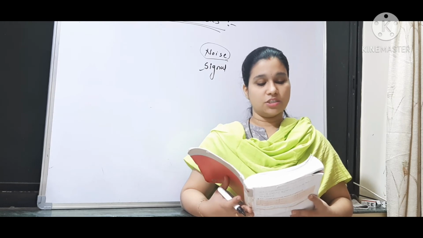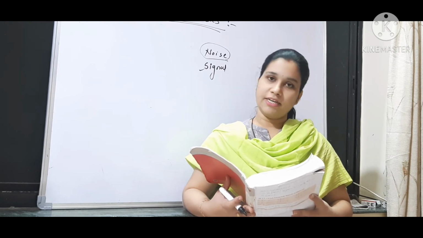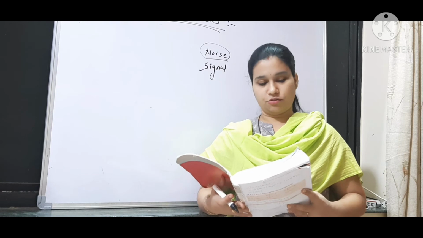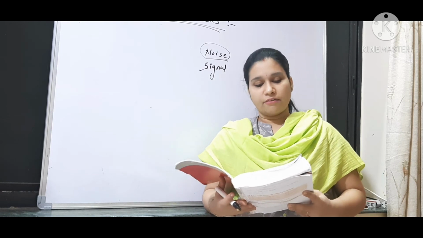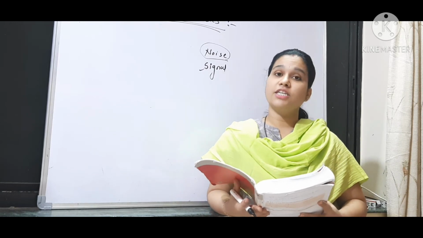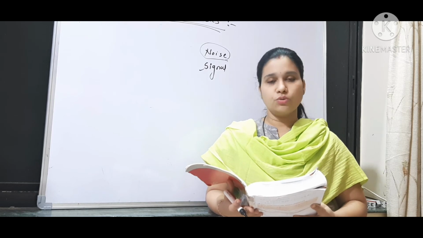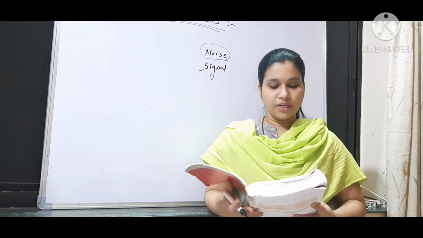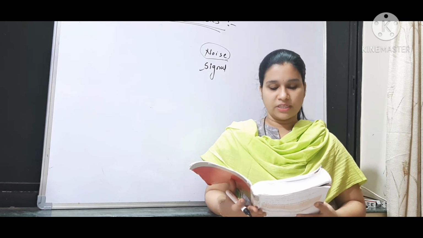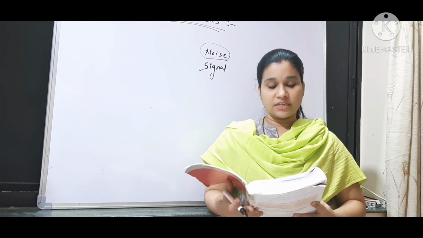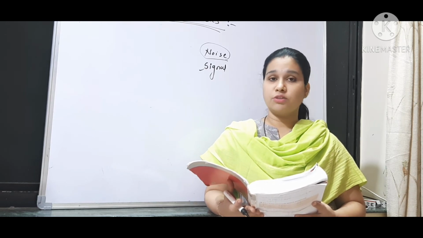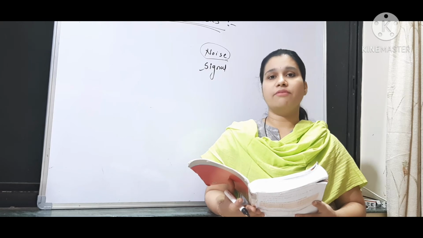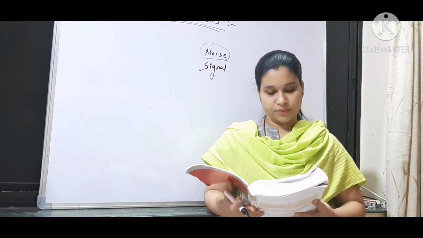A time series consists of two models, additive model and multiplicative model. In the semi-average method, we divide data into how many parts? 2 equal parts. Moving average method is used for measurement of trend when the trend is linear. Semi-average, moving average, all these are applied when the trend is linear.